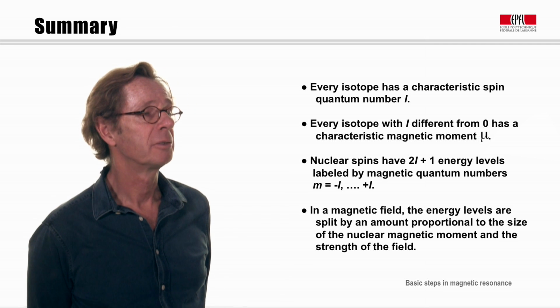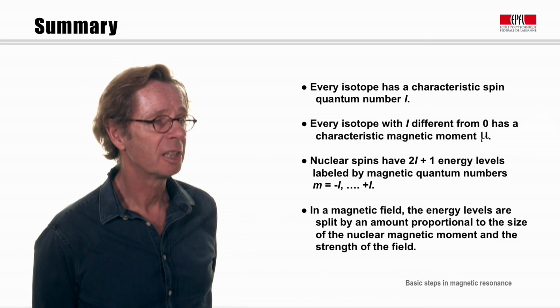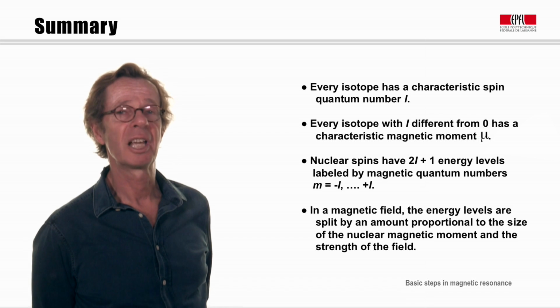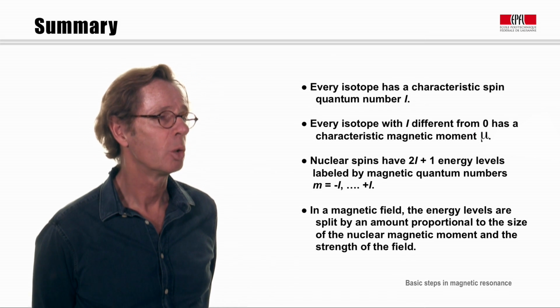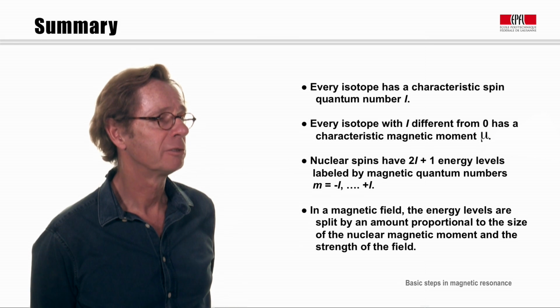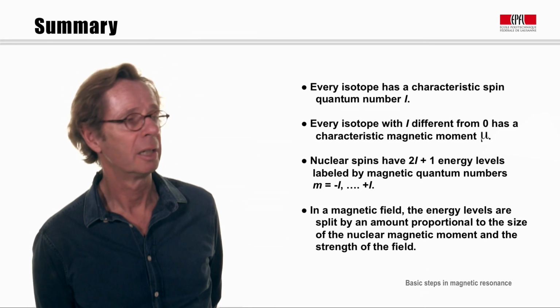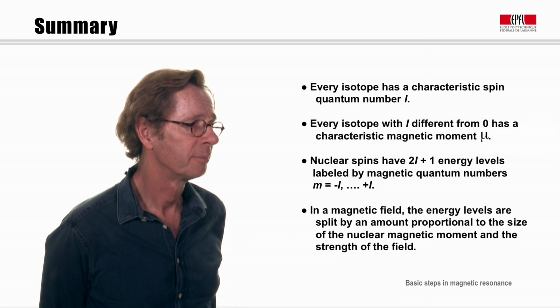Now, every isotope with I different from 0 has a characteristic magnetic moment mu. Nuclear spins have 2I plus 1 distinct energy levels, and these energy levels are labeled by magnetic quantum numbers, lowercase m, which can vary from -I to +I in steps of 1.